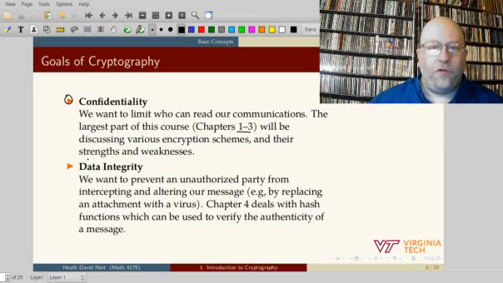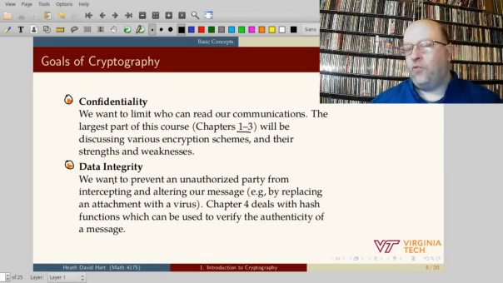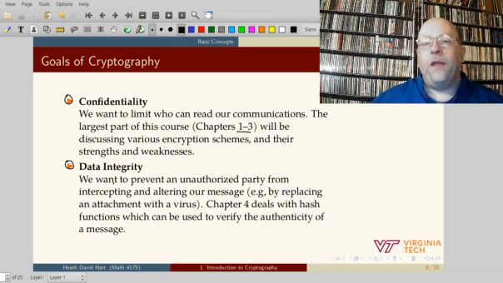Another goal of cryptography is data integrity. If we are receiving an email message with an attachment, for example, how can we assert that the attachment has not been altered between the time that it was sent and the time that it was received? That somewhere along the way somebody didn't intercept that package and replace that email attachment with a virus, for example.